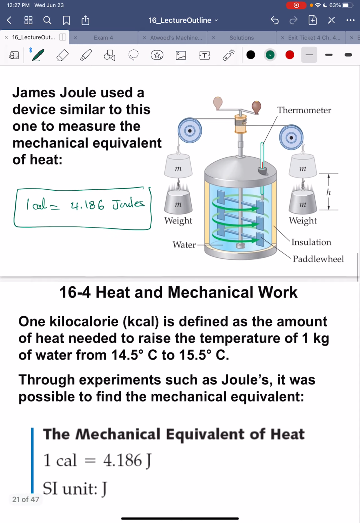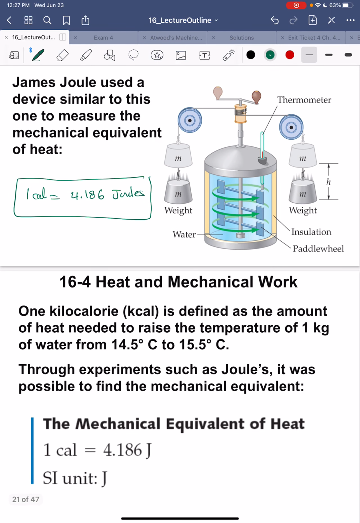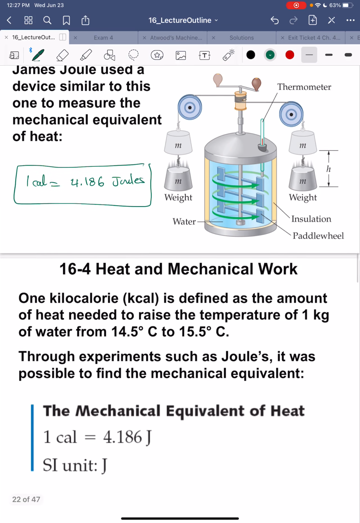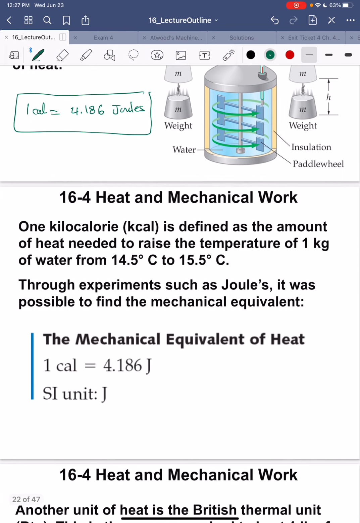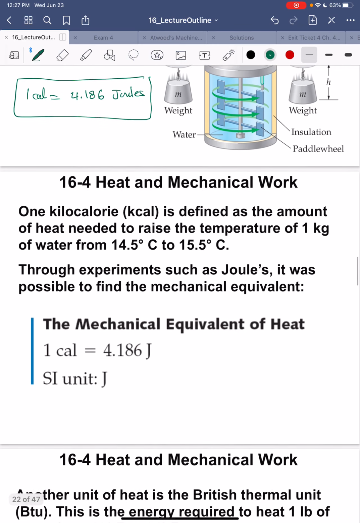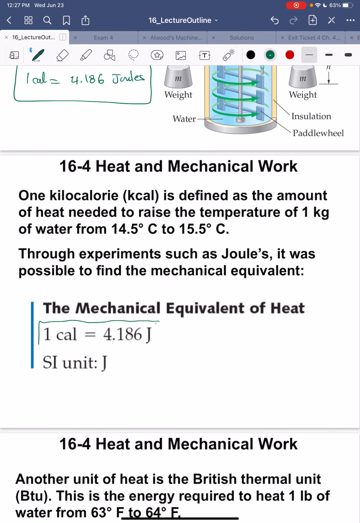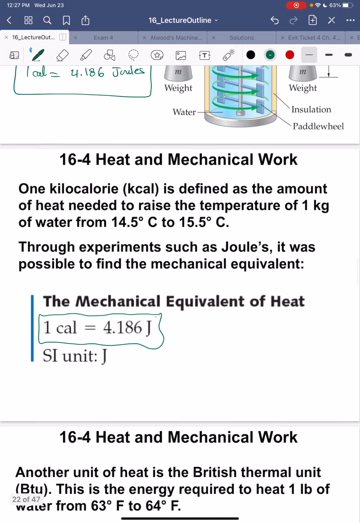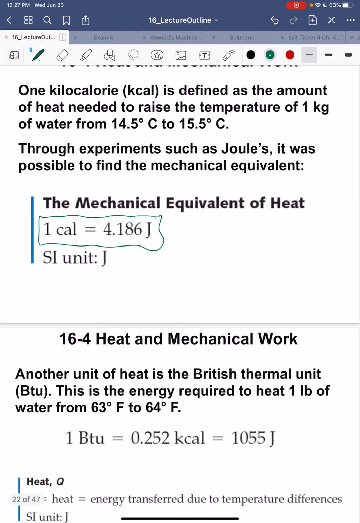Now, 1 kilocalorie is defined as the amount of heat needed to raise the temperature of 1 kilogram of water from 14.5 to 15.5 Celsius. Through experiments such as Joule's, it was possible to find the mechanical equivalent of 1 calorie to be 4.186 joules, because the SI unit for energy, which includes heat, is joules.